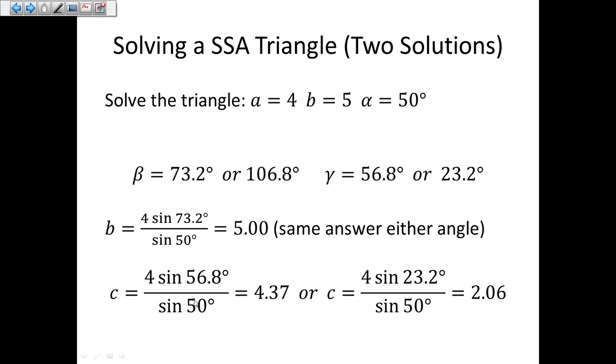Now we have to run our calculation for C twice. Once where we plug in the 56.8 and once where we plug in the 23.2. In this case I get 4.37, and in this case I get 2.06. So two possibilities, and I need to use them both. I need to give them both as answers.